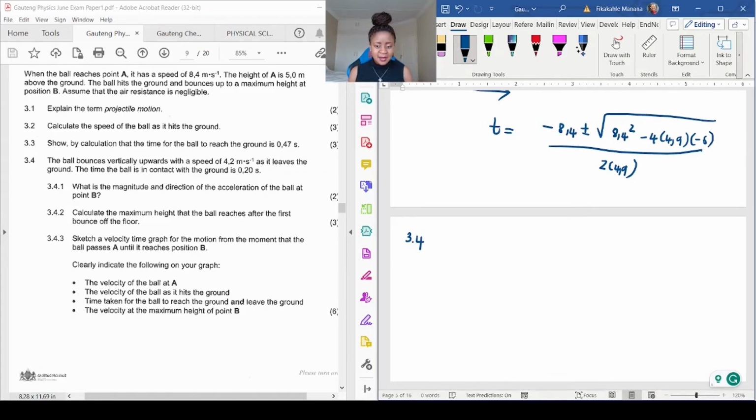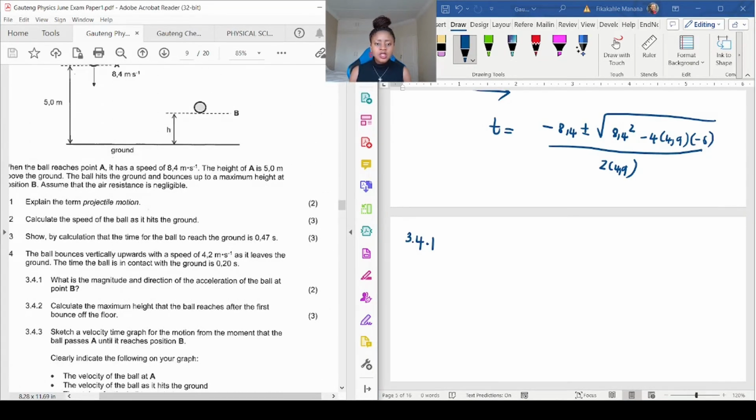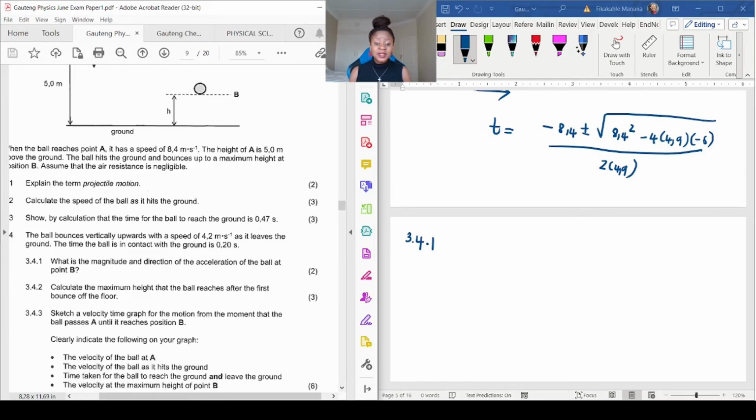Now it says 3.4.1. What is the magnitude and direction of the acceleration of the ball at point B? Remember, this is a projectile, okay? So nothing really acts on it except what? Gravitational acceleration. So what is the magnitude and direction of the acceleration of the ball at point B?